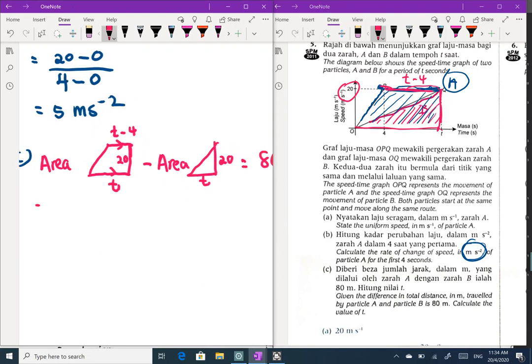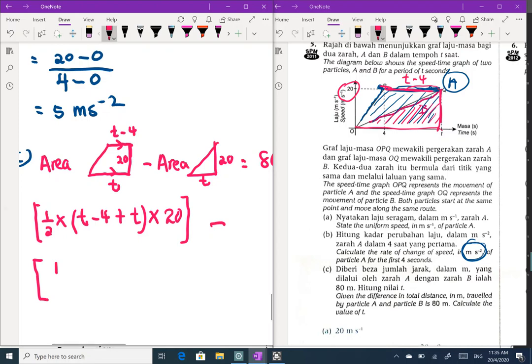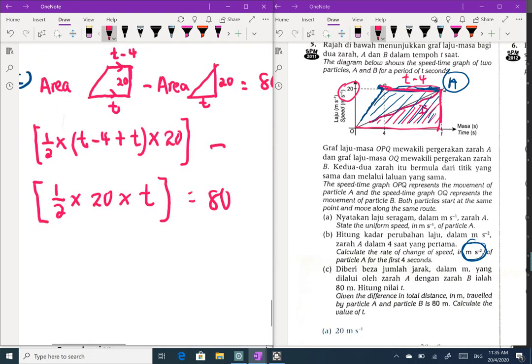Area of a trapezium is 1 over 2 times the parallel lines, t minus 4 plus t, times the height, which is 20, minus the area of a triangle, which is 1 over 2 times 20 times t, is equal to 80.